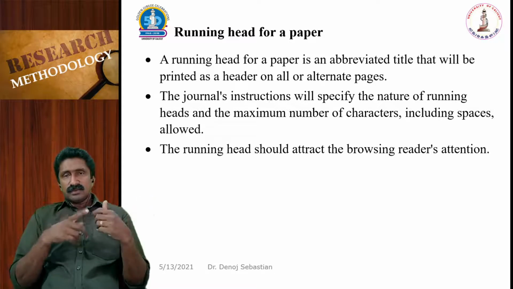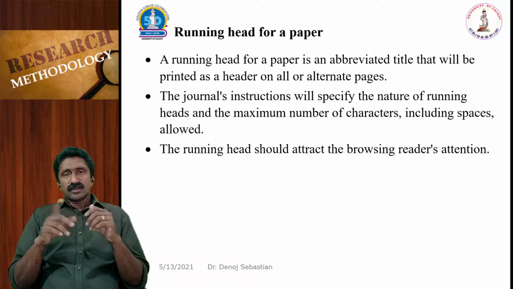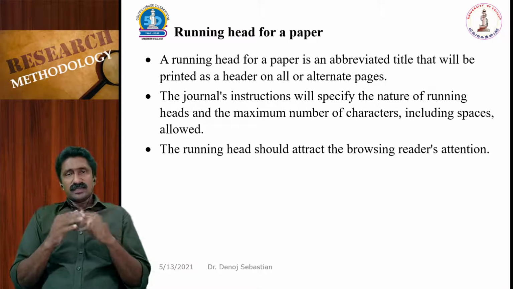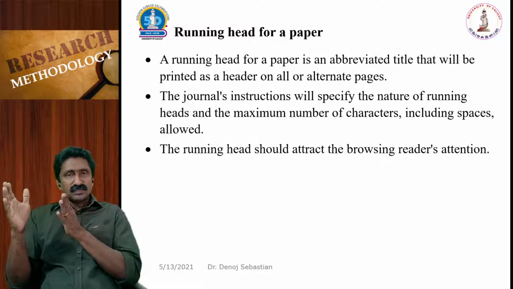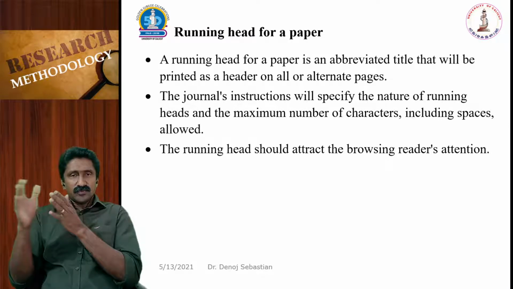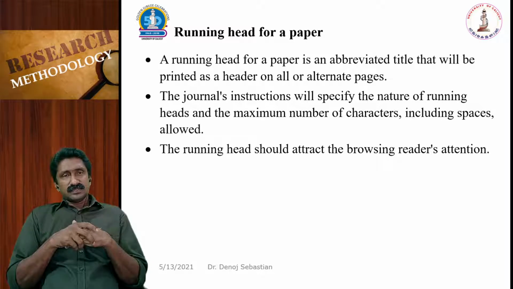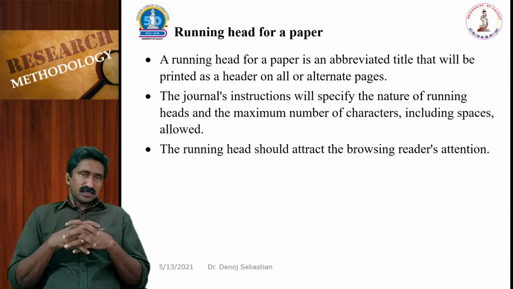A two-line title cannot be printed on the header part. So you have to provide a better abbreviated title that can be printed within the space of half a line. That type of header title should be provided for the paper.